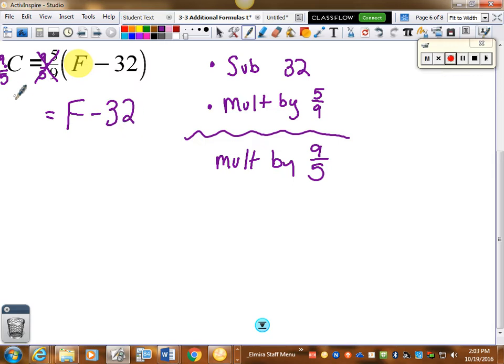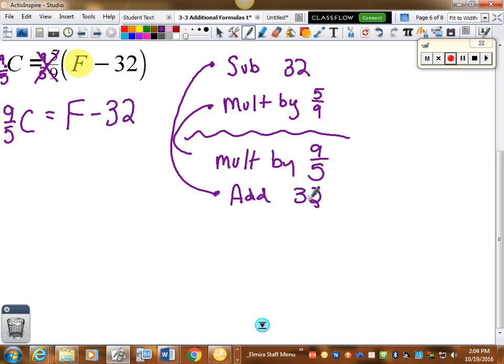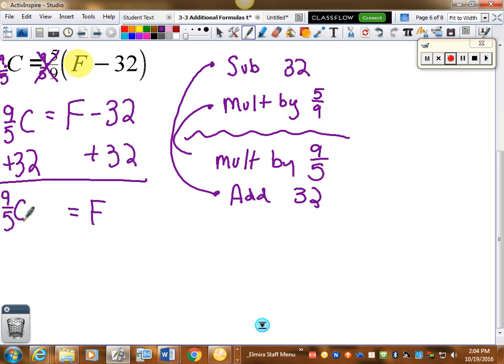On the left-hand side, I have 9/5 times c. Okay, then the opposite of subtracting 32 is add 32. So I will add 32 to both sides. And I get f equals 9/5 c plus 32 to transform that equation.